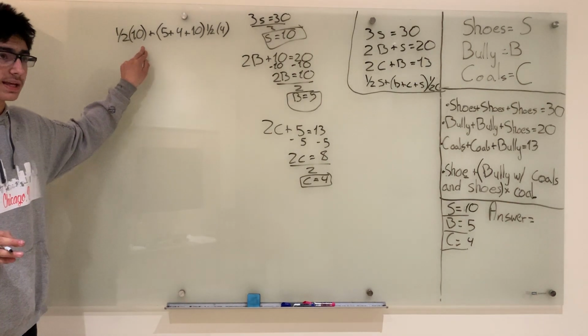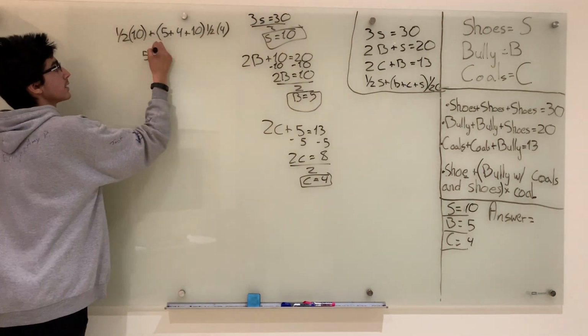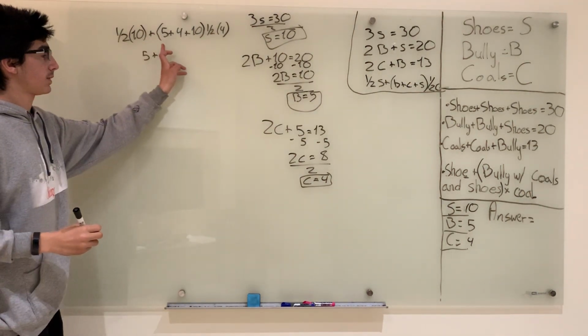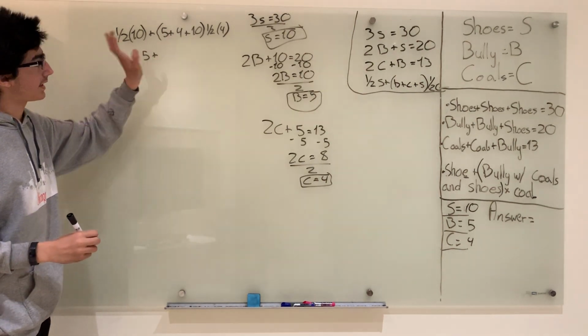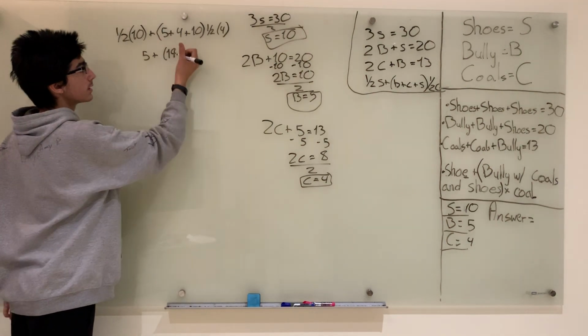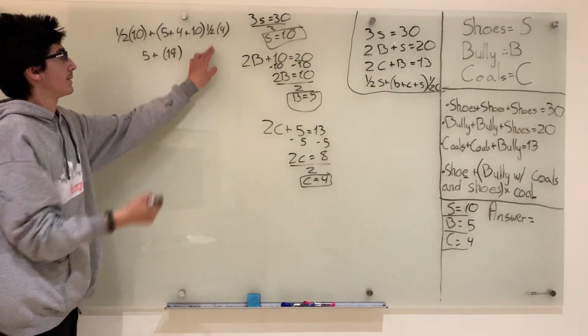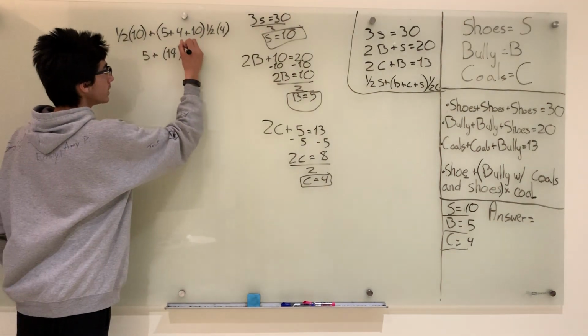1/2 times 10 is 5. And then that's being added to 5 plus 4 plus 10. 5 and 4 is 9. 9 and 10 is 19. And then that is getting multiplied by 1/2 times 4. That is 2.